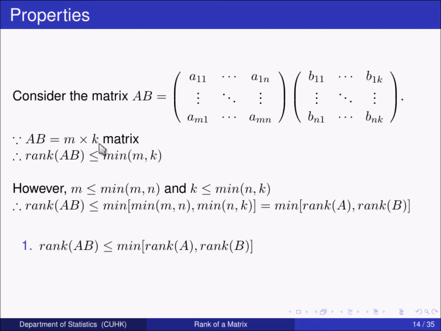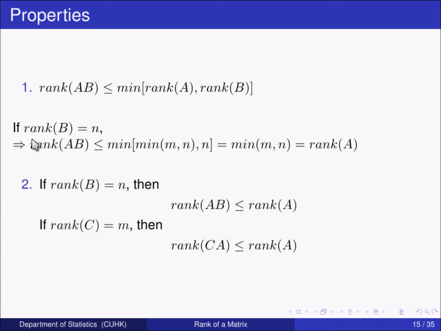It has the dimension of M by K, so the rank of AB is at most the minimum of M and K. Since it is obvious that M is less than or equal to the minimum of M and N, and on the other hand, K is less than or equal to the minimum of N and K, we can conclude our first property that rank AB is less than or equal to the minimum of rank A and rank B. Then, if rank of B is N, the above would become rank AB less than or equal to the minimum of M and N, which is equivalent to the minimum of M and the rank of A, which is our second property.